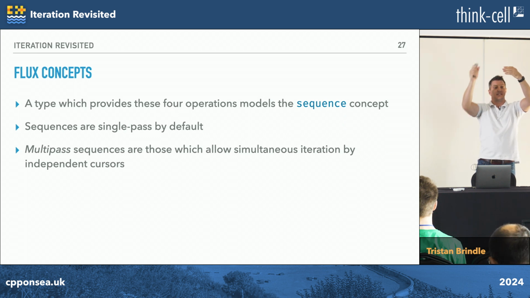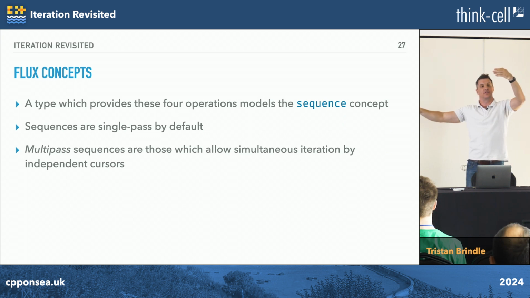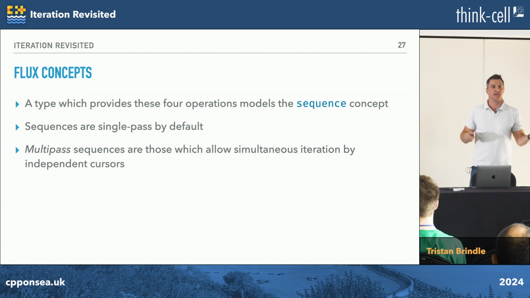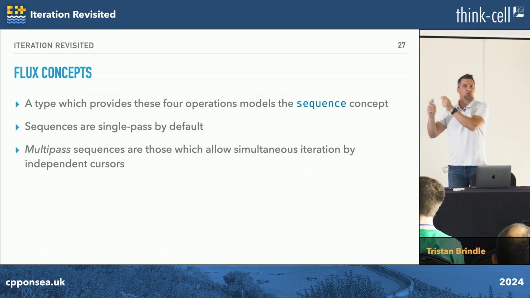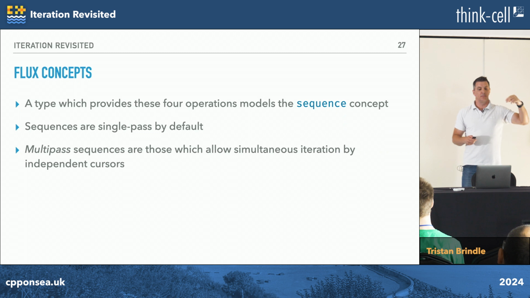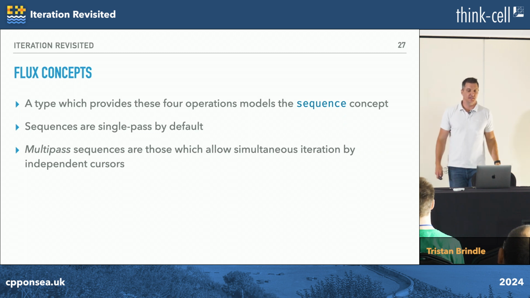We can have a second cursor. Maybe the second cursor goes off and iterates up over there, but then we can call read again on our saved cursor position, and that's just going to work fine. That's what we mean by multi-pass. We can have n cursors all iterating independently, and that all works. That's the difference between forward ranges and input ranges in the STL, and the difference between multi-pass and single-pass sequences in Flux.